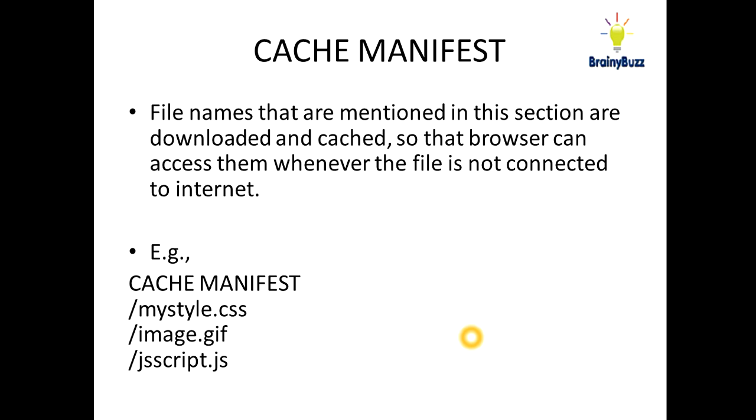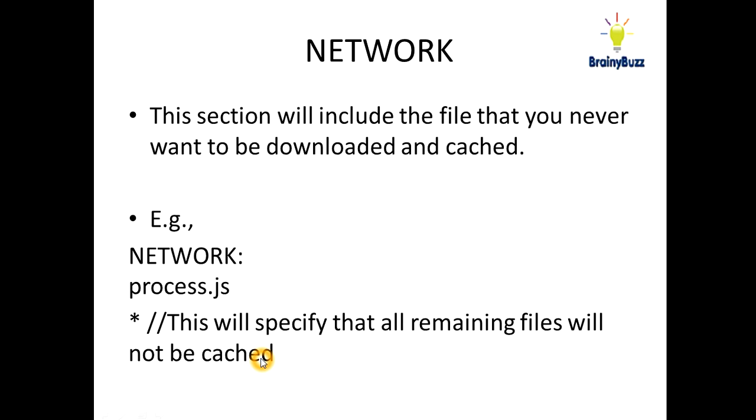The file names mentioned in the cache manifest will be downloaded and cached, so that your browser can access them whenever you are not connected to the internet. For example, I have written in the cache manifest style.css, image.gif, and script.js.